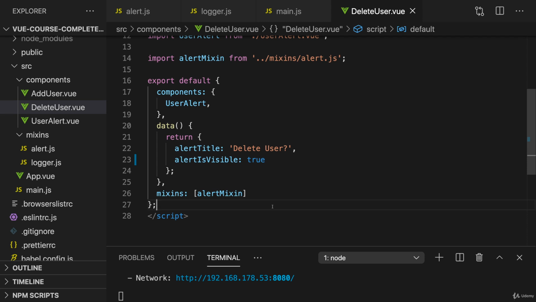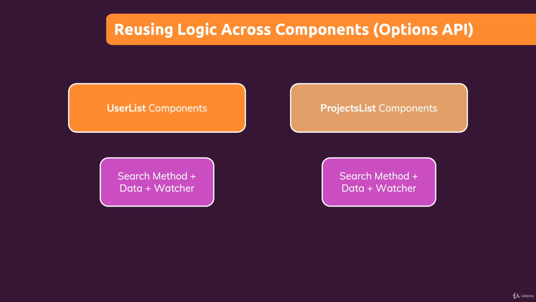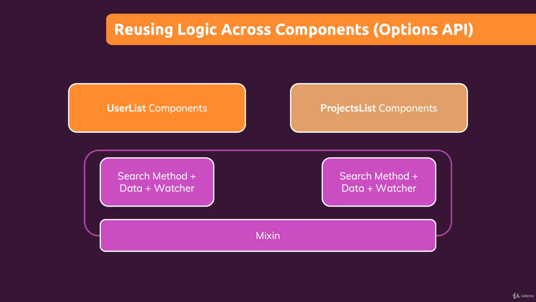And with the composition API, we have a nicer way of reusing logic across components. Because whilst we have mixins for sharing logic in the options API, we have custom composition functions when working with the composition API. So let's see how that would work.